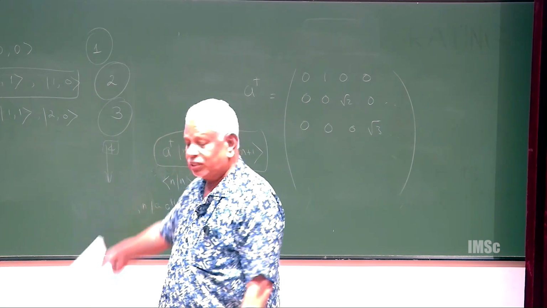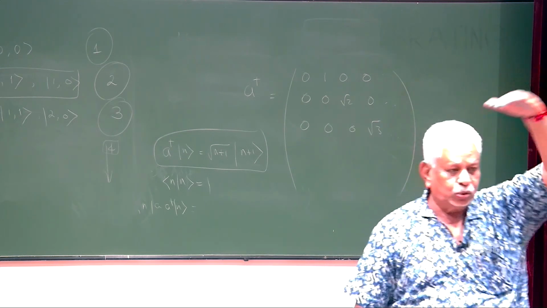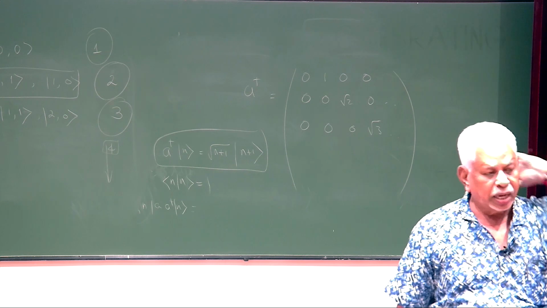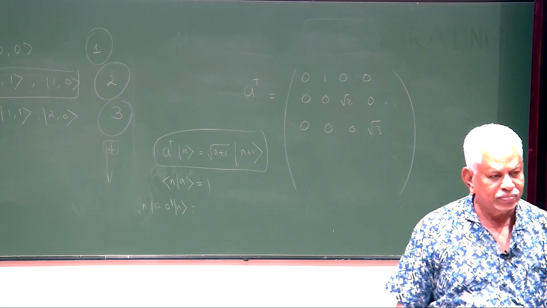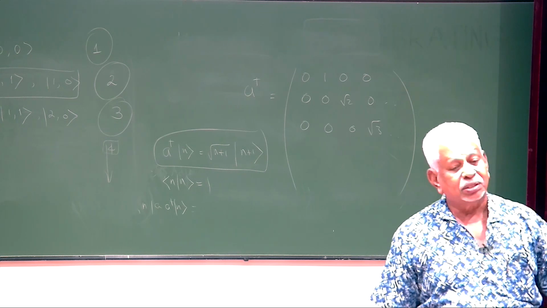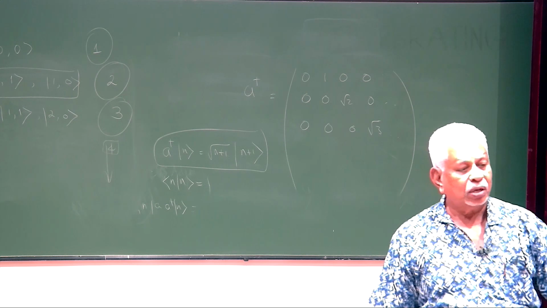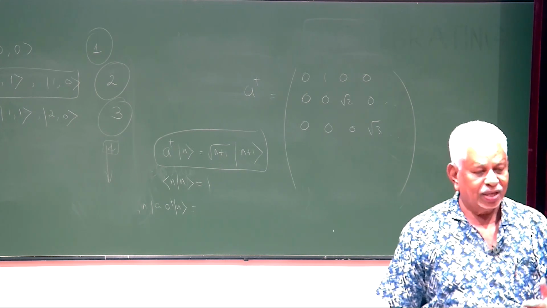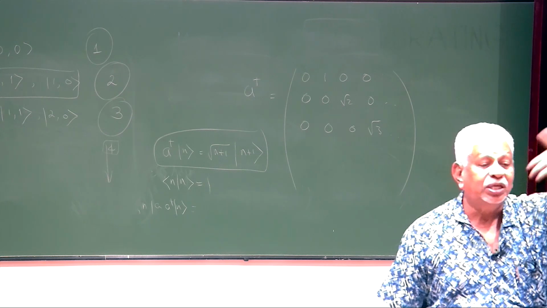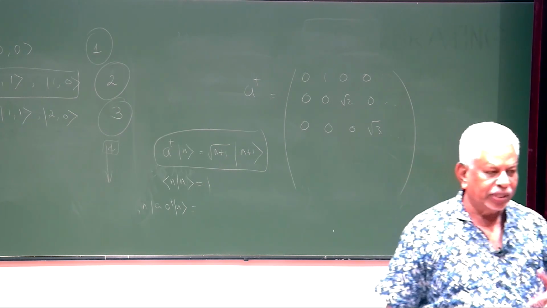For example, I gave you the degeneracy of level 1, level 2, etc. So if I add x square plus y square in my potential, or if I make it x square and instead of y square I put 4 times y square, the degeneracy will be lifted. It will not be degenerate again. So that is a kind of thing which will be of interest.